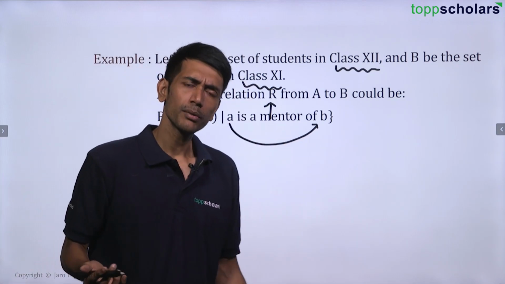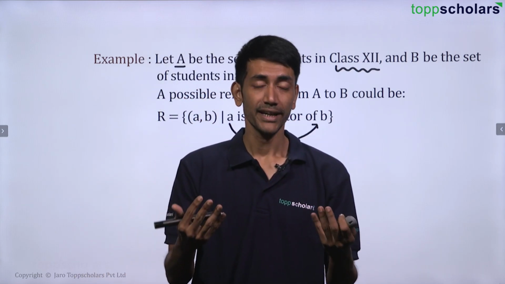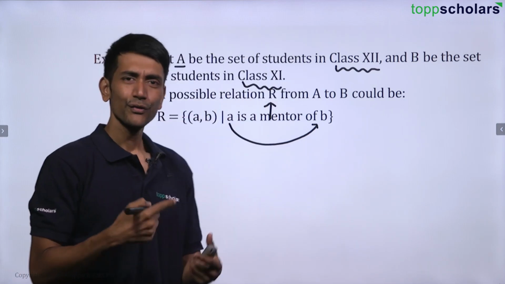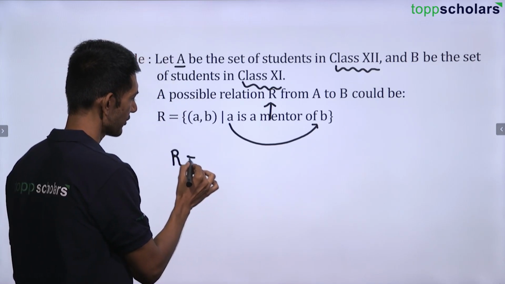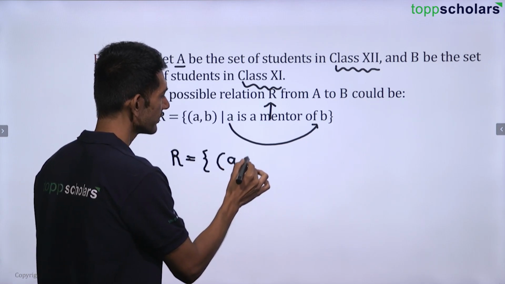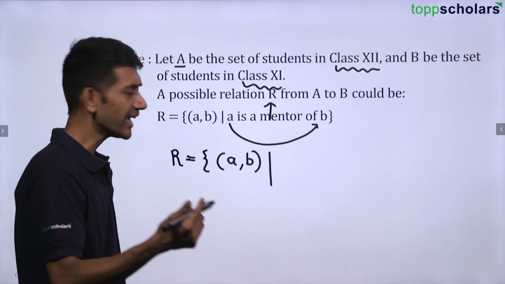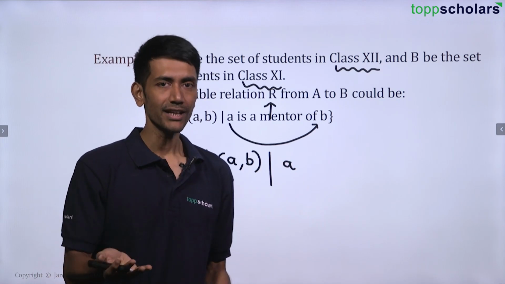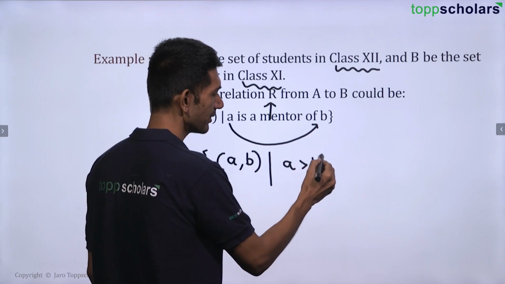Is it the only relation possible? You can have multiple relations here. I can generalize that class 12 students are generally elder than class 11 students. So we can have one more relation, that is R is a relation from A to B, from class 12 students to class 11 students, such that, I'm talking about the age, class 12 students are going to be more in age than class 11 students. So a is greater than b.